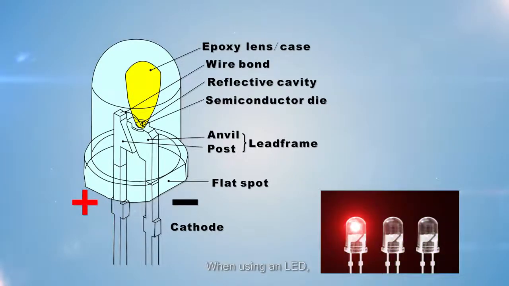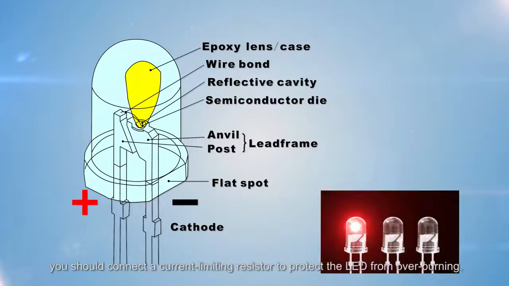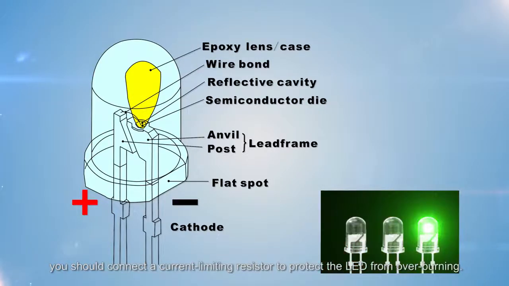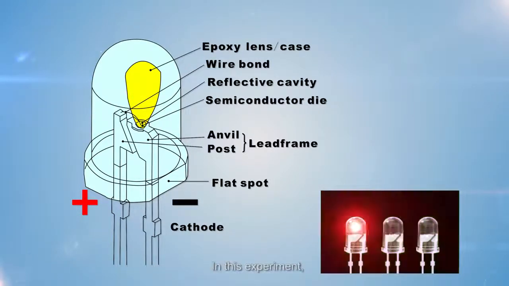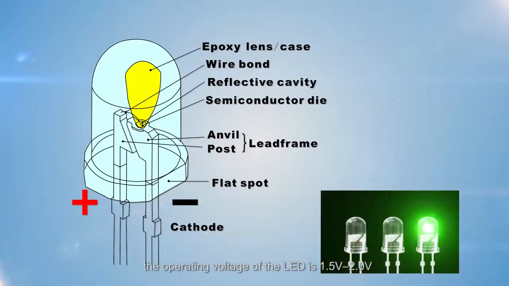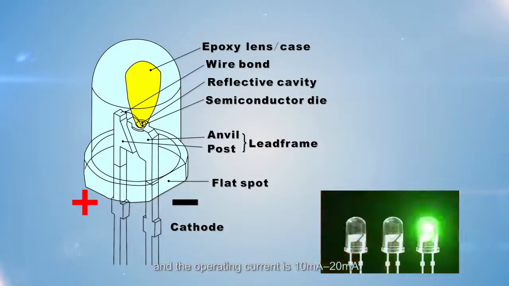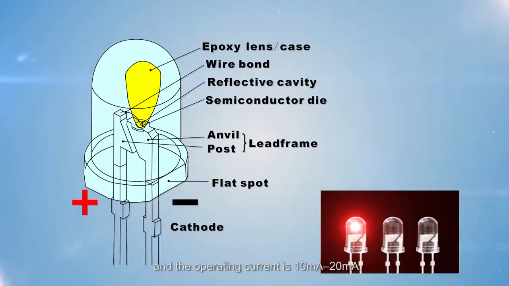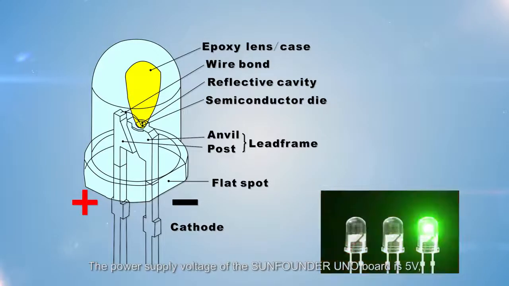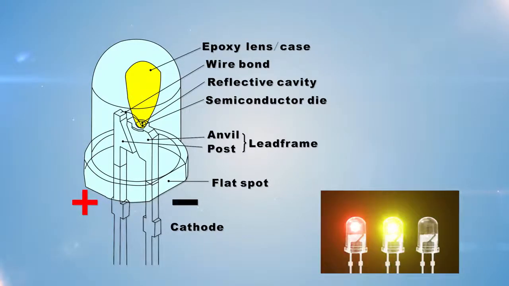When using an LED, you should connect a current-limiting resistor to protect the LED from overburning. In this experiment, the operating voltage of the LED is 1.5 volts to 2 volts, and the operating current is 10 milliamperes to 20 milliamperes. The power supply voltage of the SunFounder Uno board is 5 volts.